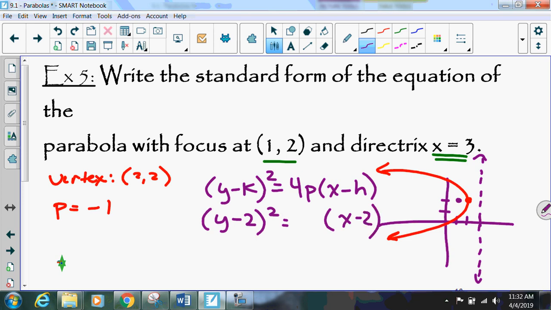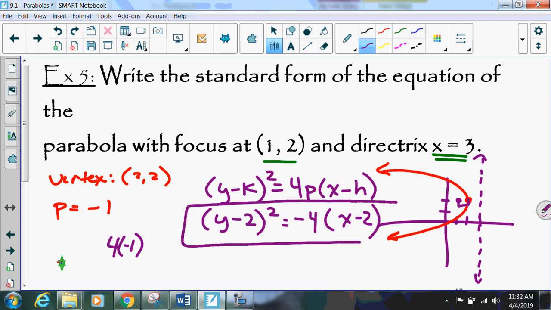And then I'll stop and realize that my P, although the distance is 1 from my vertex to my focus, it's to the left, and so the direction is negative. So P is -1. So if we plug in -1, 4 times -1 gives me a -4. And there you have it. That is the equation of this parabola. I'm just taking a second look at it just to make sure I have it right. Focus is at 1, 2. That means the directrix is behind it because yep, we're good to go.